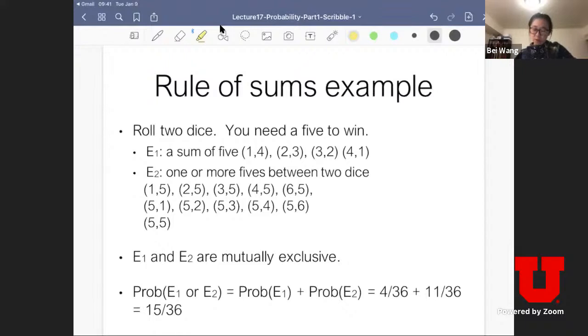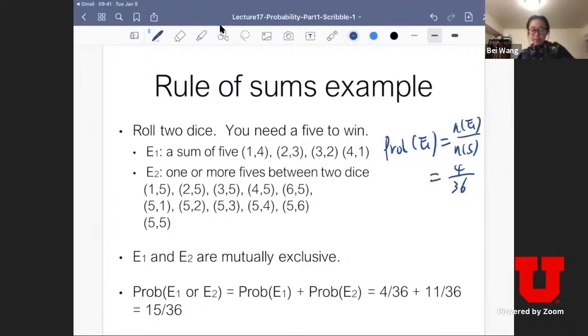So in this case, the probability of E1 is the total instances, n of E1 over n of S, which is 4 over 36. The probability of E2 is n of E2 over n of S.